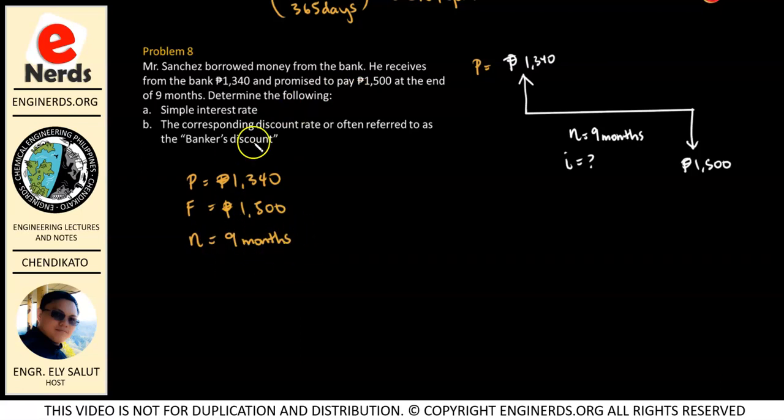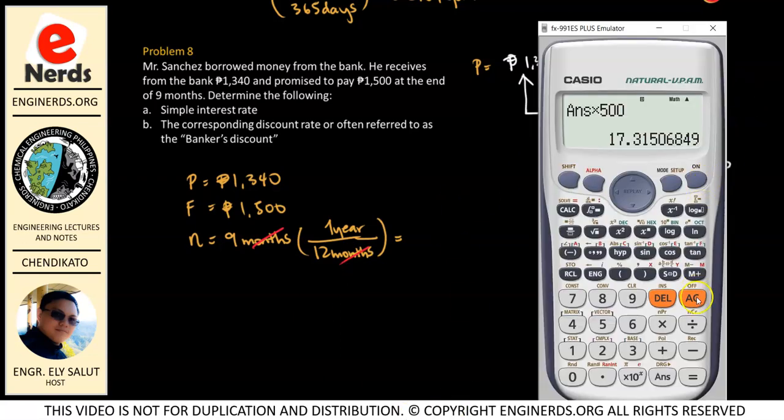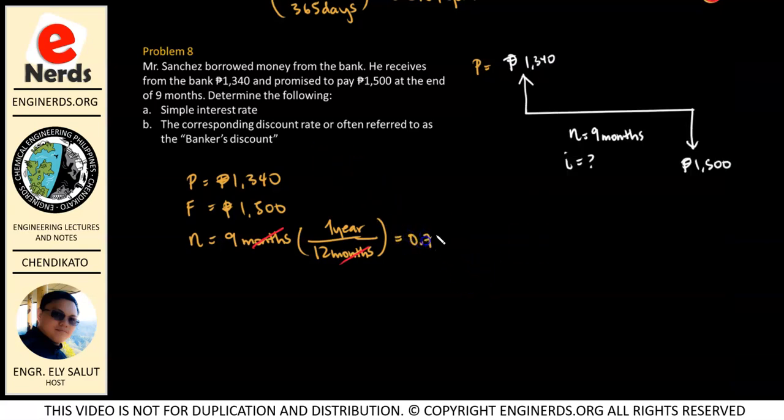Let us convert this into years. We have 12 months in 1 year, so the months cancel out. Then 9 divided by 12 gives us 0.75 years.